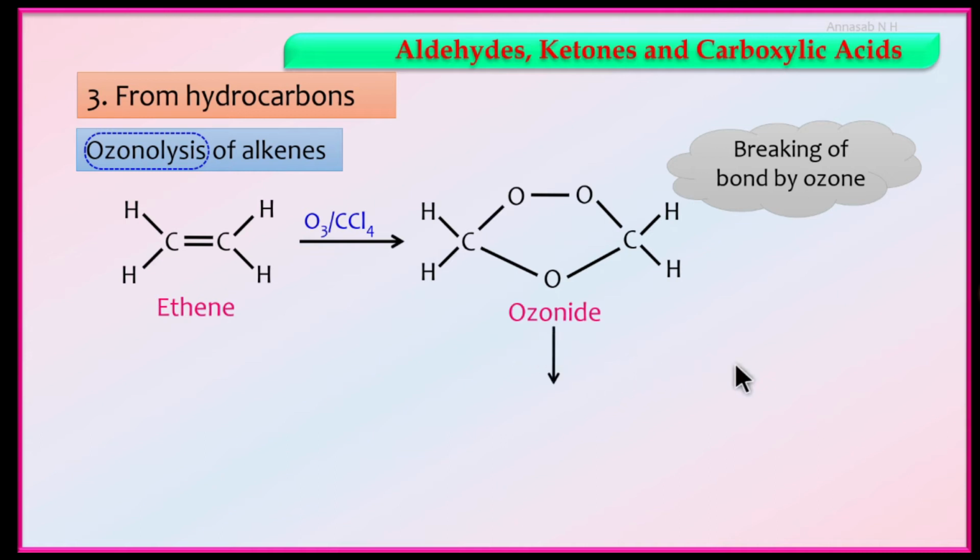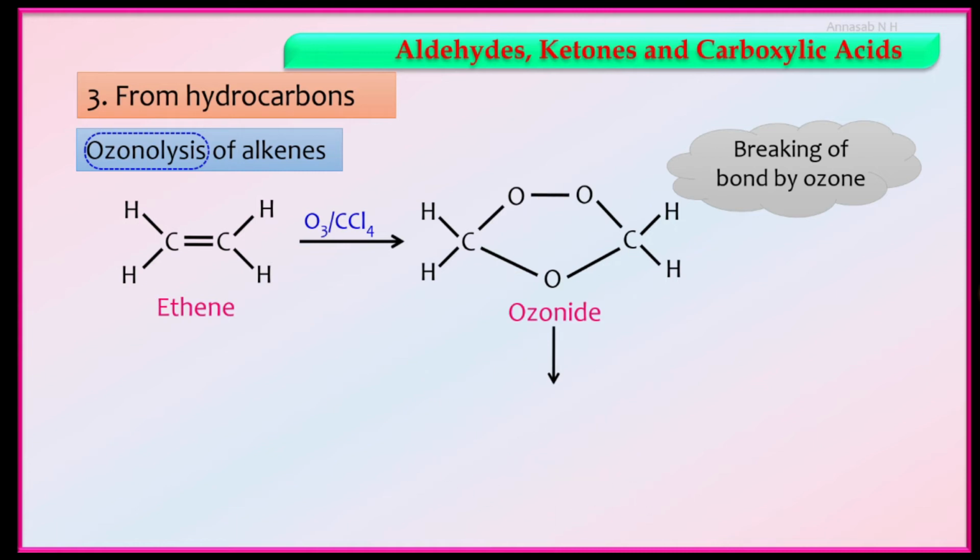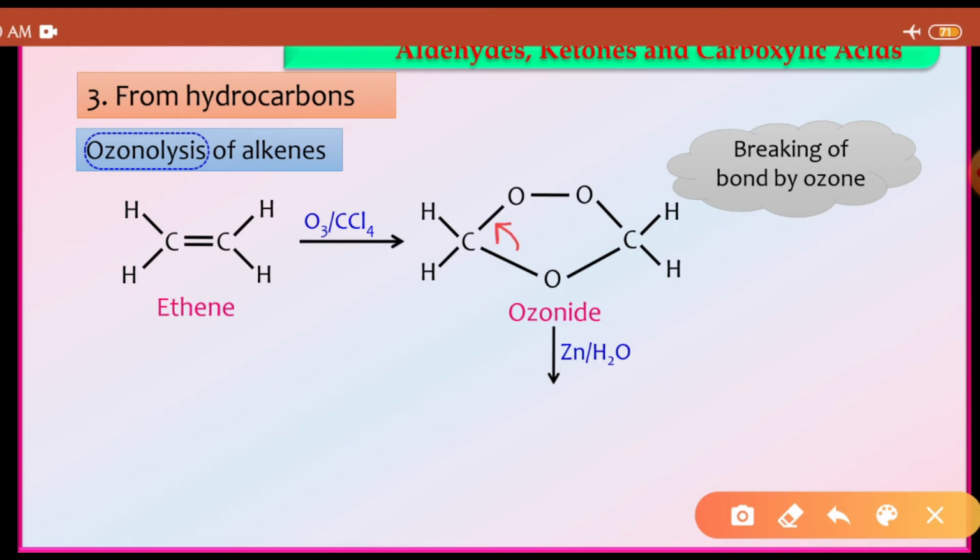This ozonoid is treated with zinc in presence of water. Bond breaking leads to the formation of respective aldehyde. In this case, the groups attached to double bond are same, CH2, CH2, hence the product formed is also the same. In other words, in presence of zinc, water, these electrons are transferred to the carbon oxygen bond, it becomes a double bond, and here the bond breaking takes place.